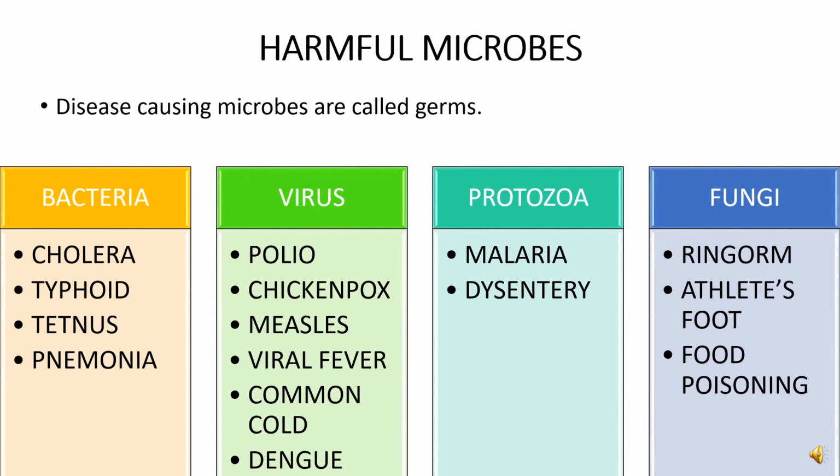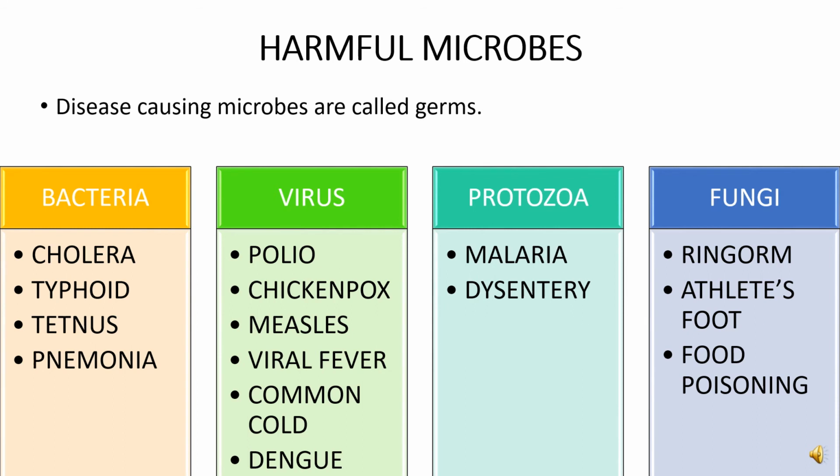So what are the diseases caused by bacteria? Cholera, typhoid, tetanus, pneumonia. Is it clear? You have to learn the diseases which are caused by bacteria. We should not allow bacteria to get in our body. Okay? Otherwise, it will cause diseases in our body.